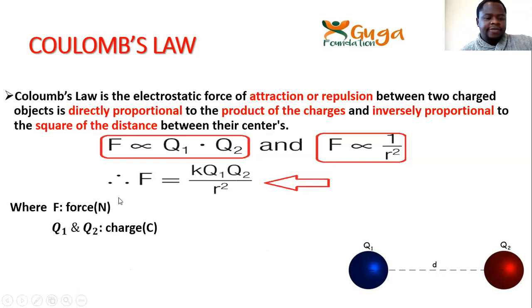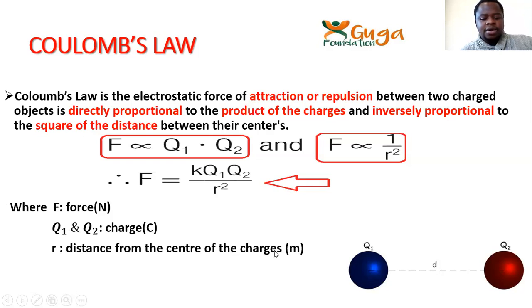So now F is the force, of course, in newtons, and Q1 and Q2 are the charges in coulombs. And then R is the distance from the center of the charges.